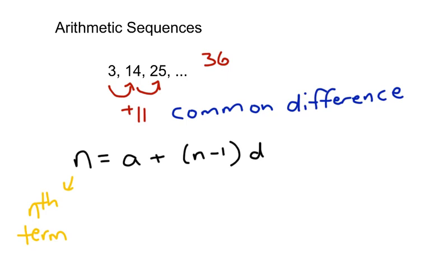Well, whatever it is, it's the nth term. We can find any term using this formula. A is going to be the number where it starts. D is going to be that common difference that we mentioned before. So D is our common difference.